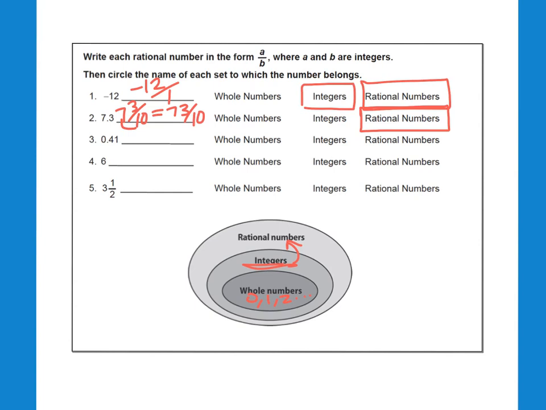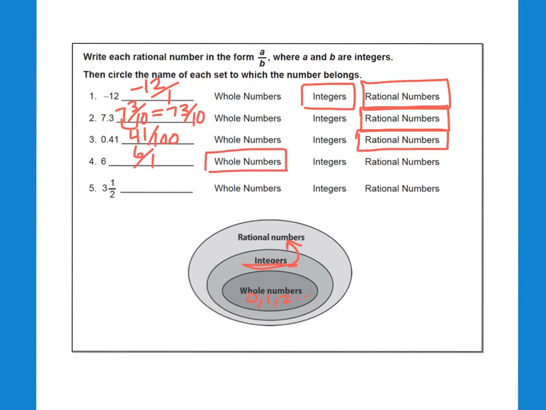We've got the decimal 41 hundredths, and that's exactly how I would write it using my place value. I can't simplify 41 hundredths. It is not a whole number. It is not an integer. It would only be rational. Next, 6, we can write it as 6 over 1, and that is actually a whole number.